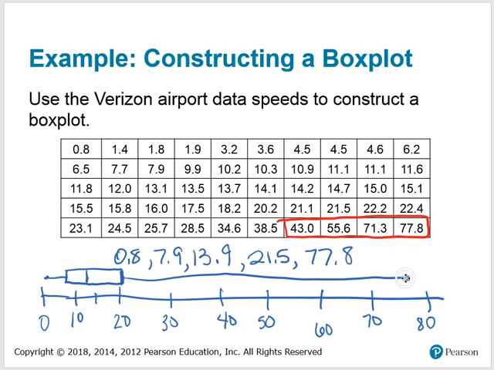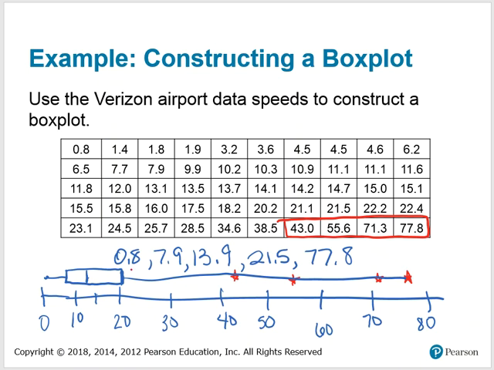So 77.8, I would mark with a star, or some people just use a large dot. You would do 71.3, 55.6, and 43. So all 4 of those end up being some kind of special symbol.